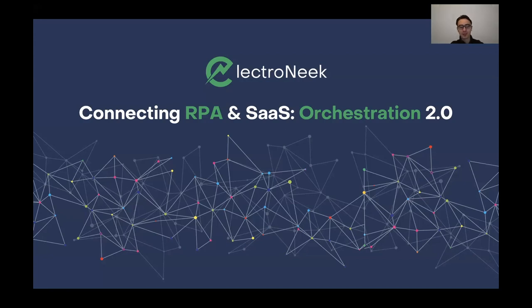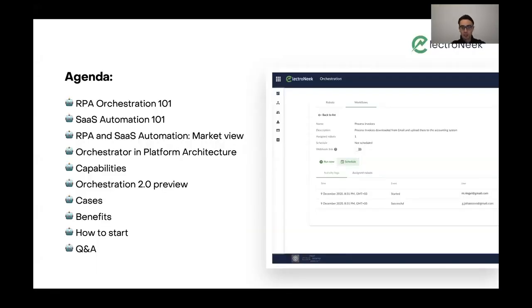So let's get started. We're going to talk today about orchestration, like basics of that for those of you who don't have any experience implementing for yourself, for your clients in Orchestrator. We're going to talk about SaaS automation tools. Again, for those of you who don't have experience with tools like Zapier or Tray or Parabola.